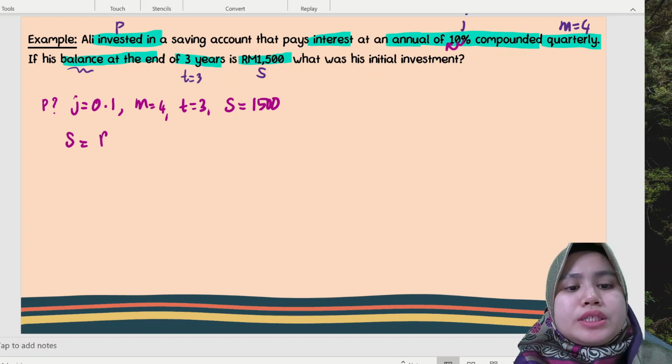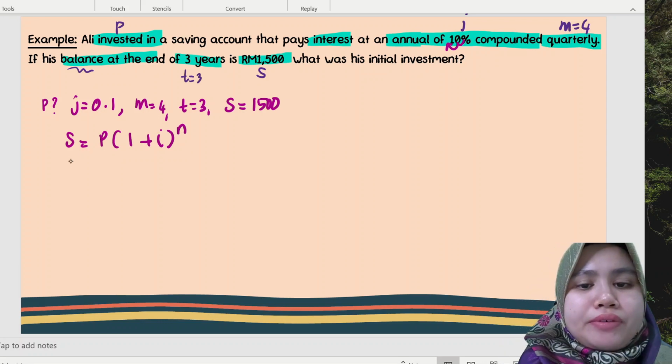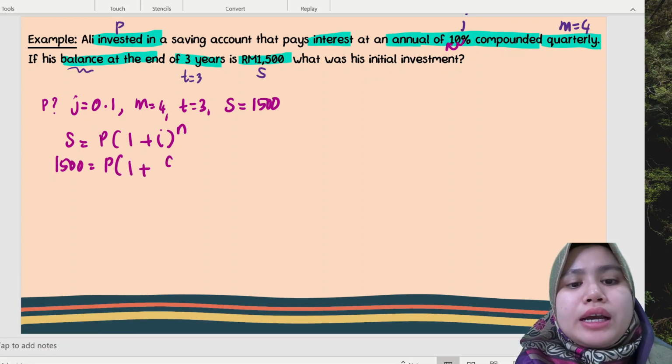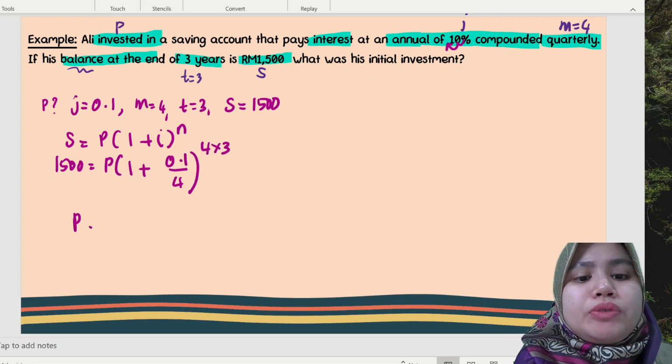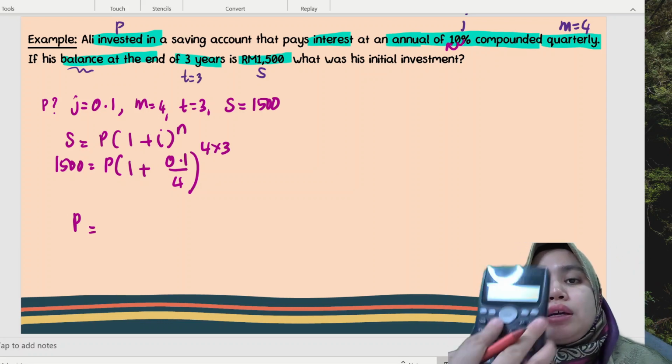Just use this formula. You have 1,500 here. Your I is 0.1, J divided by M. N is M multiplied with T. So what will be your P here? Practice with your calculator.